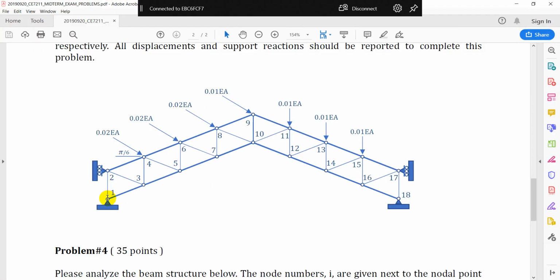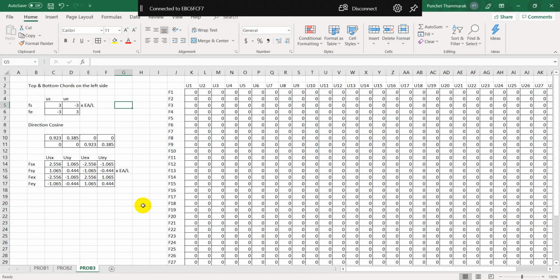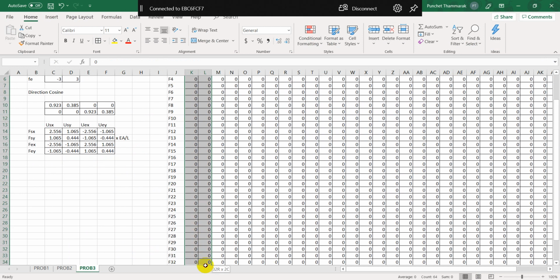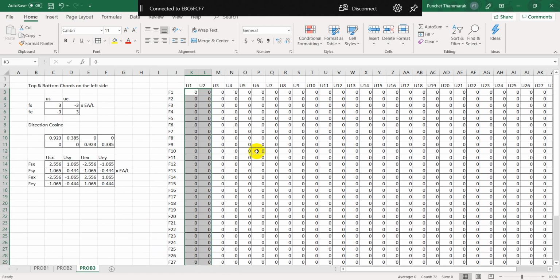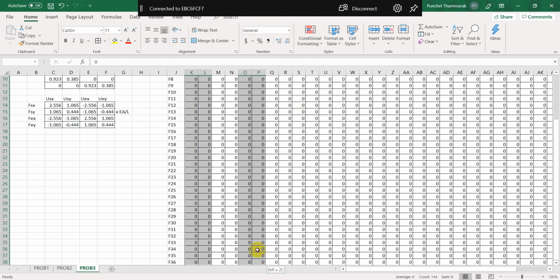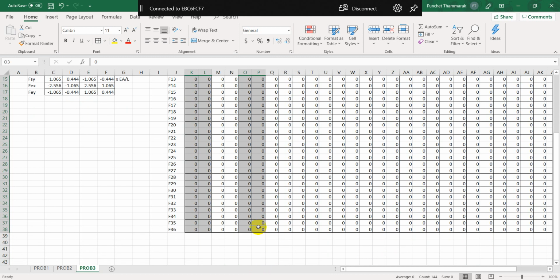Starting node is 1, ending node is 3. So I'll do it this way. Maybe it makes life a little easier. I'm not so sure. Yeah, I think so.